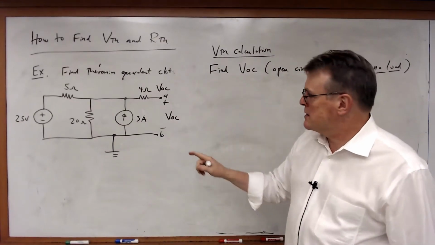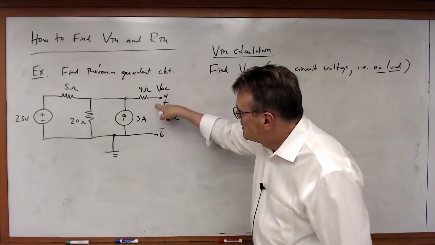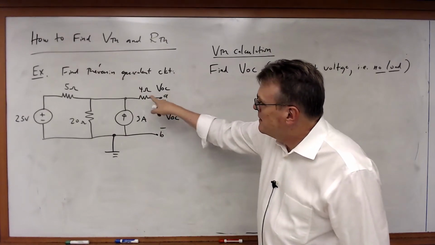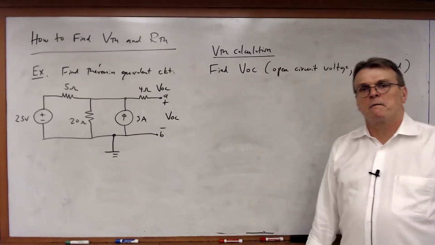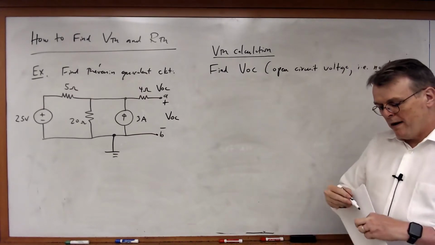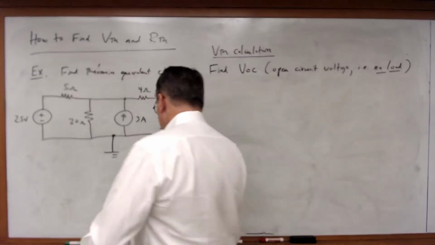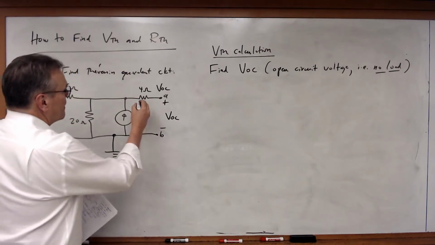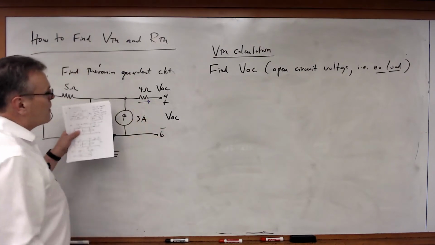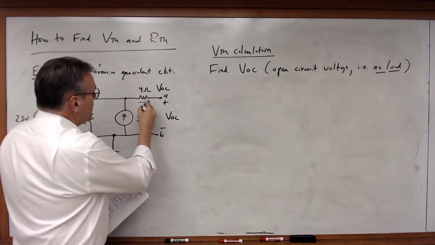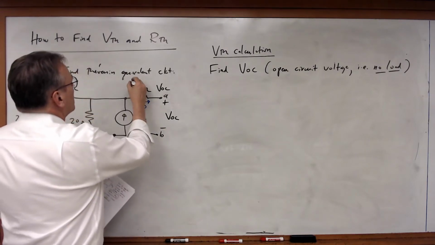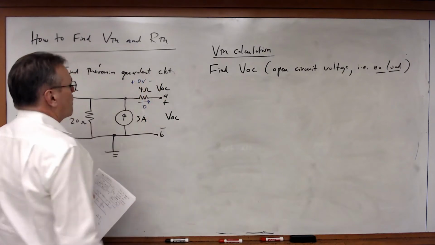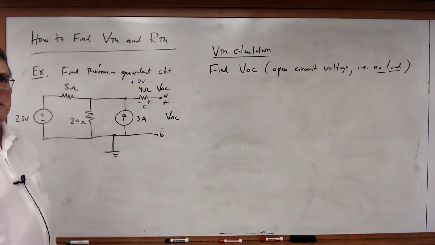Now looking at this, this is an open circuit. There's nothing connected to the other side of that 4 ohm resistor. So I can do a quick inspection here. If there's no current flowing through the 4 ohm resistor, that means there's no voltage drop across the 4 ohm resistor.